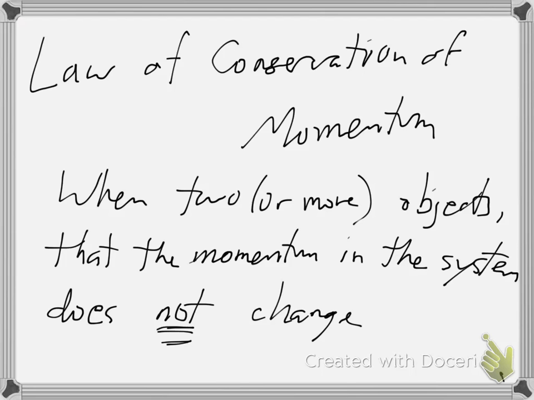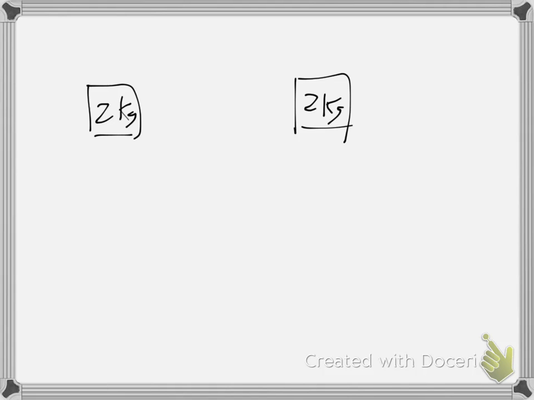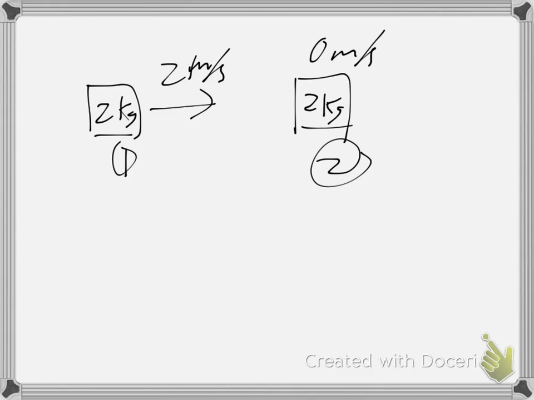So suppose we have two boxes. For sake of ease of measurements, let's say this is 2 kilograms and this is 2 kilograms. If this is moving at 2 meters per second and this is at rest, then the total momentum for the system will be the momentum of box 1 and the momentum of box 2.